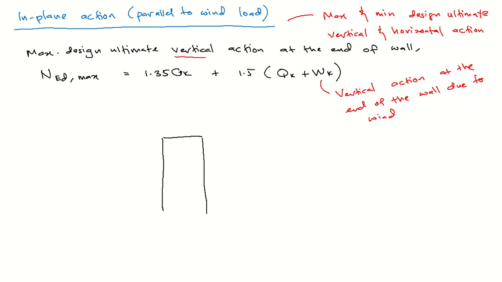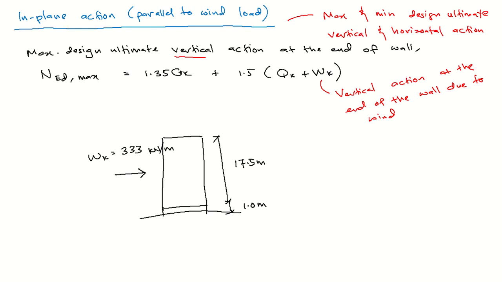This is your building. WK equals 333 kilonewton per meter, that we have calculated previously. The height of the building is 17.5 meters, and you have a stump of 1 meter. Now to find WK, the vertical action at the end of the wall, the formula for WK.